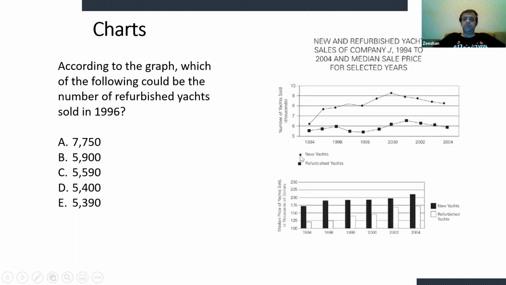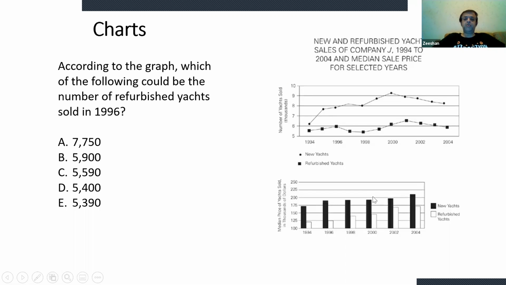So circle represents new yachts, and refurbished yachts are represented by the curve that has squares. So in the first chart, we have two curves. One has circles and one has squares. So when we look at the question, it says which of the following could be the number of refurbished yachts sold in 1996. So which chart are we going to see from these two?